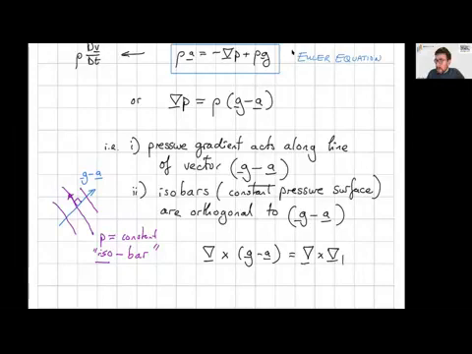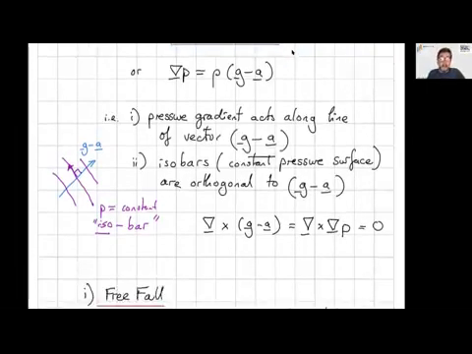And anytime that I take the curl of the gradient of a scalar, the net result is always zero. And so that certainly tells us that these lines of constant pressure are orthogonal to this vector g minus a. So that's a very useful insight when we're looking at pressure fields.